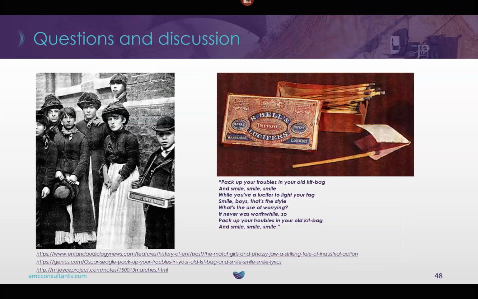And that leads me to the conclusion. I guess I should probably explain this before we move on to questions. At the turn of the century, there was what was referred to as the matchstick girls strike. Matches at that stage were made from white phosphorus. Current matches are made from red phosphorus. White phosphorus causes a disease known as phossy jaw, where the phosphate destroys your jaw bones.